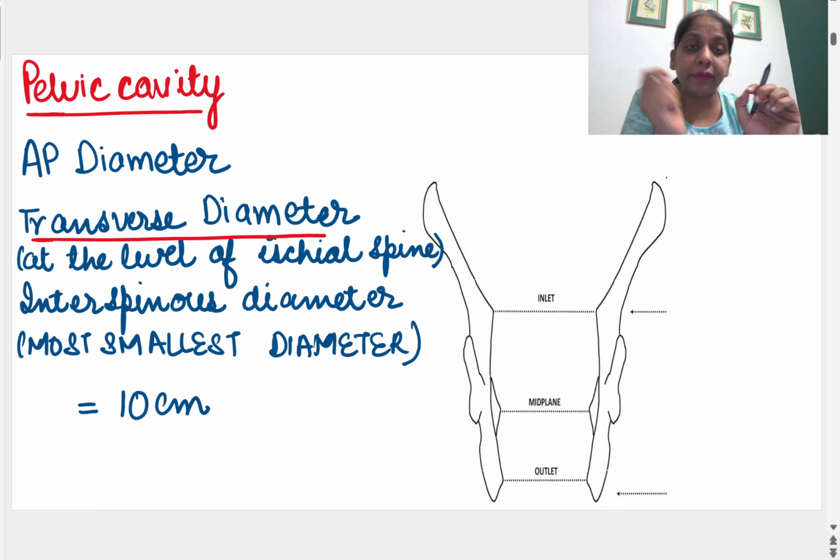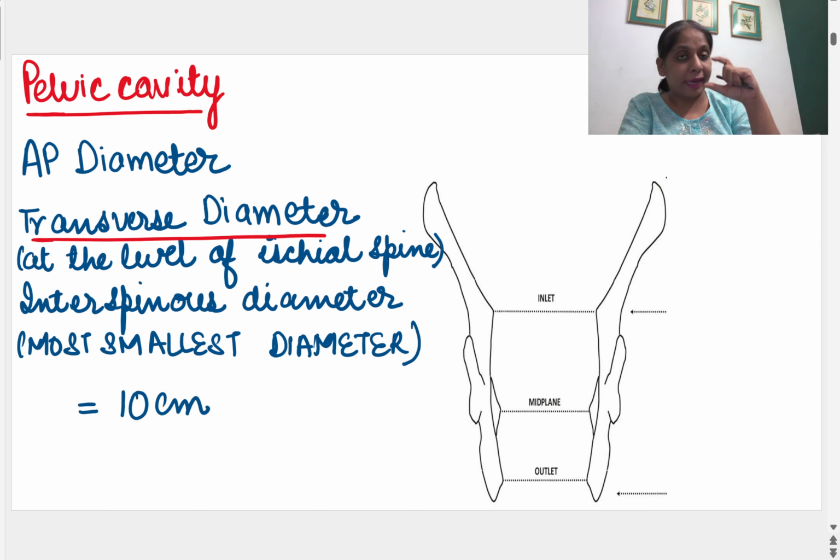The most important in OBS is the one which is the least in dimension. In the first slide we studied the plane of the least dimension, right? The cavity between the plane of the greatest dimension and the plane of least pelvic dimension is known as the mid pelvis. So why was that plane of least dimension?